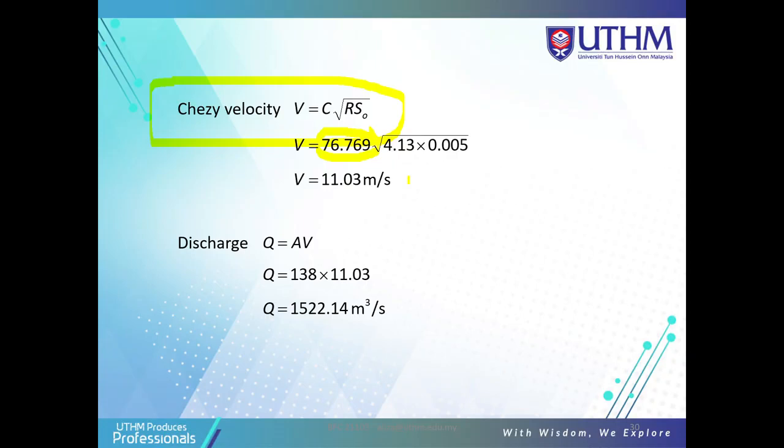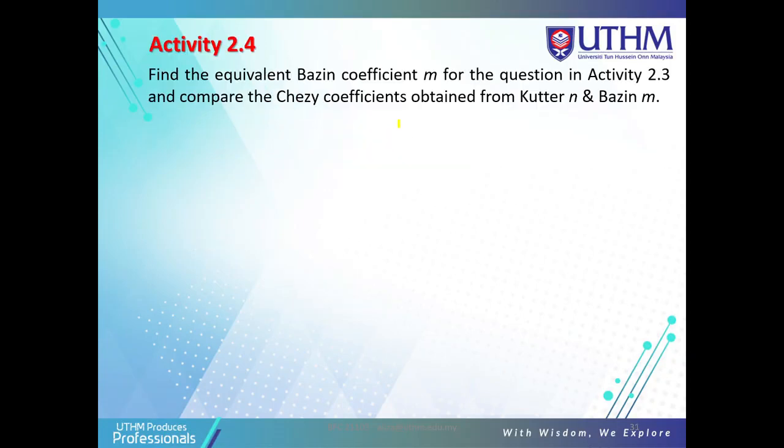Just remember that test 1 will cover topic 1 and topic 2, and these two topics use the same formulas. In activity 2.3, we use the Ganguillet-Kutter formula to get C, and in activity 2.4, we use the Bazin formula to get the C coefficient.